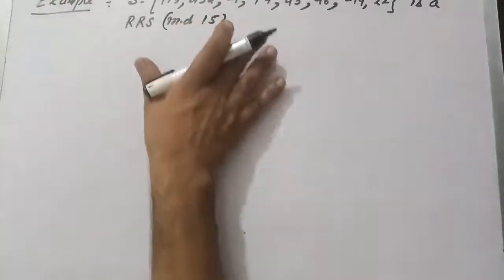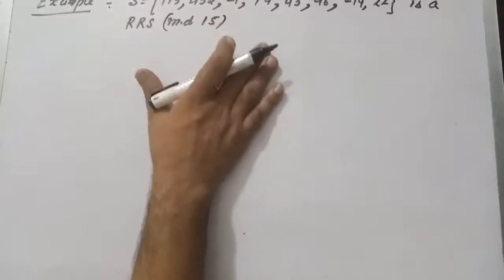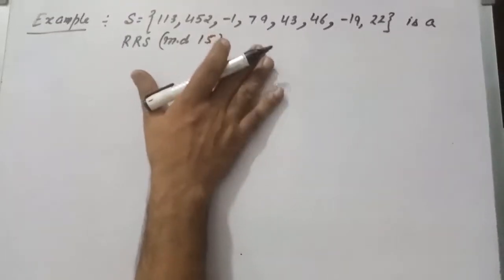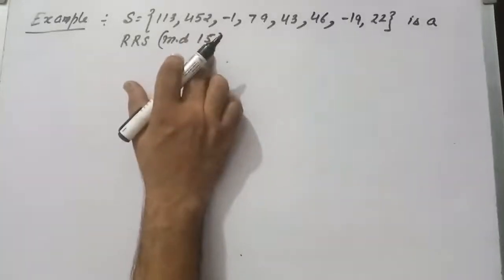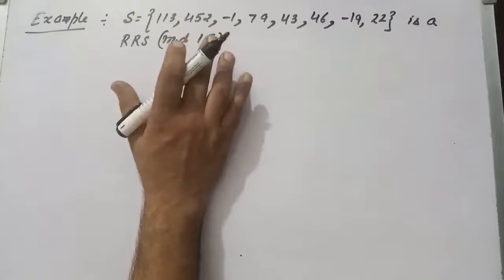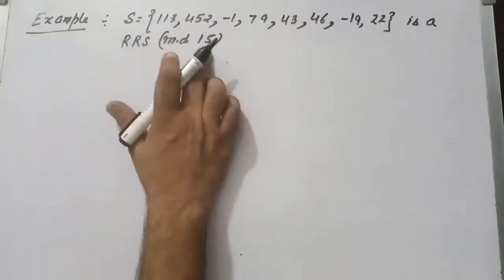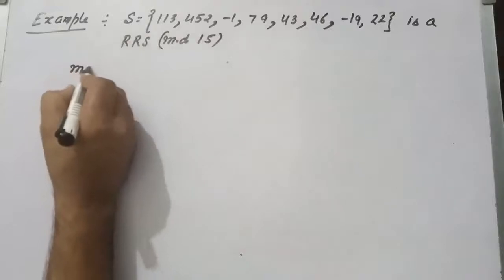So this is an example of a reduced residue system. It means we have to check whether this is a reduced residue system modulo m. Here m is 15. So here we will check that this set is a reduced residue system modulo 15.